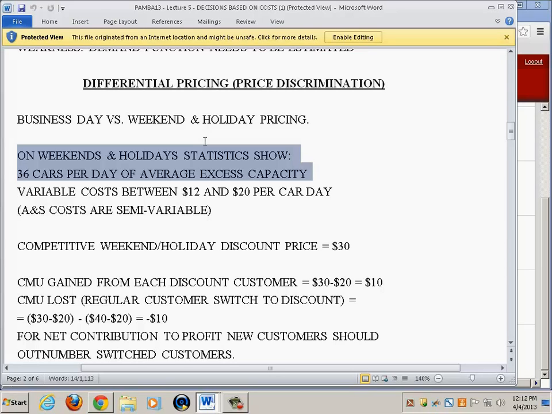And you have the purely variable costs. The purely variable costs, which are the costs of maintenance and the cost of depreciation, they vary per each car day. So they'll look this way. That'll be the function that is purely variable.